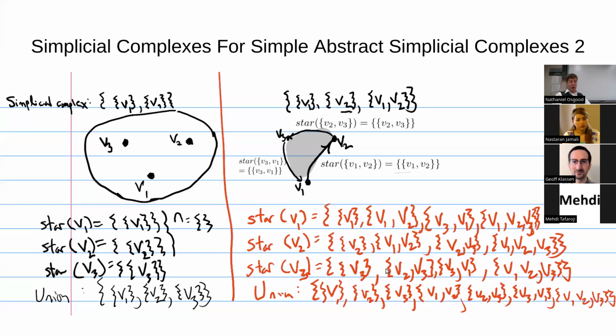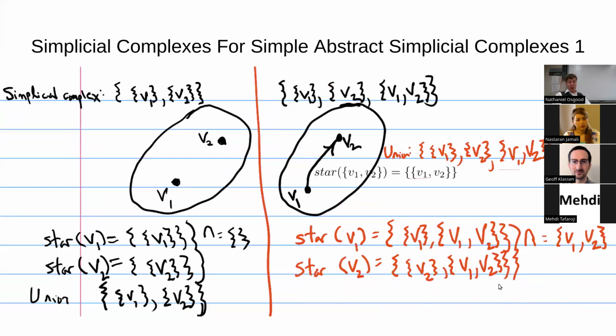The union of any set is in there, of any two sets, or any finite number of sets, or any infinite. It's the arbitrary union and finite intersection. Remember I observed that if we have any two things here, we take their intersection, it also is a star of something, or it's the empty set.